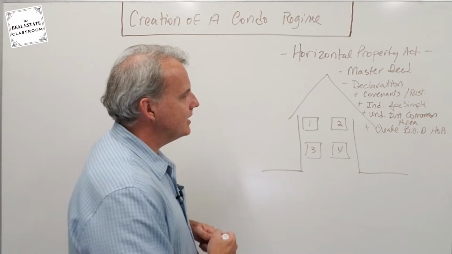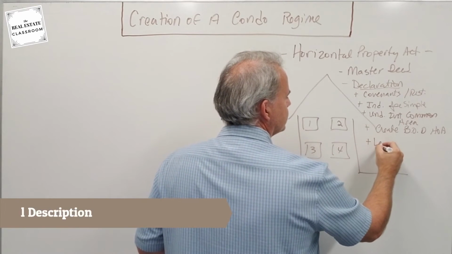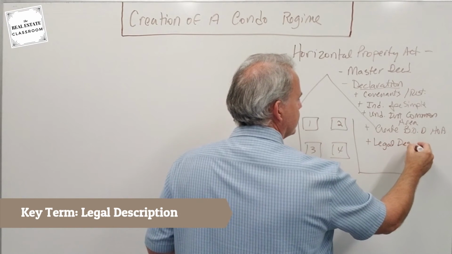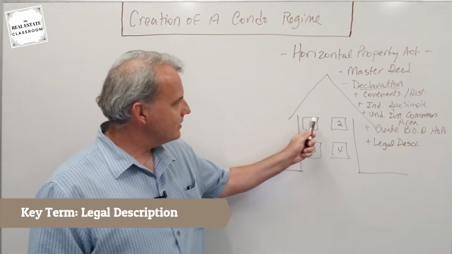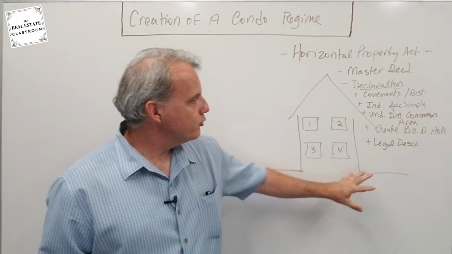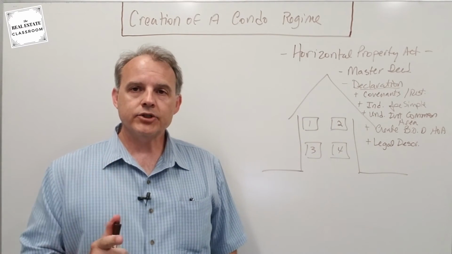And the last thing that the declaration does is establish the legal description. We talked about that in a previous video, but it identifies the legal description of not only the individual condominium units, but also the regime in its totality, the legal description of the condominium regime.